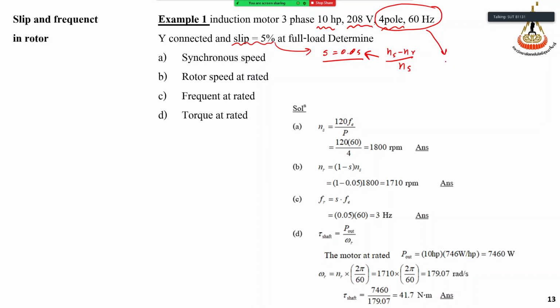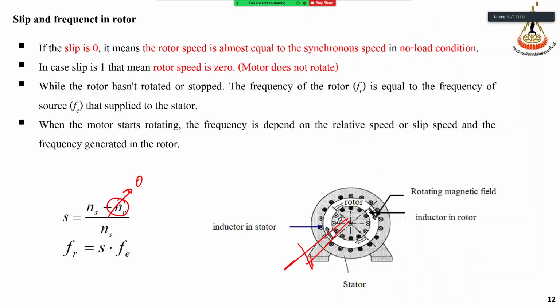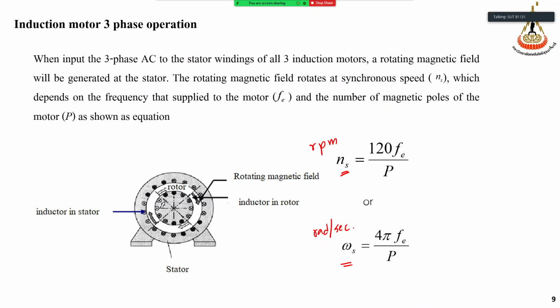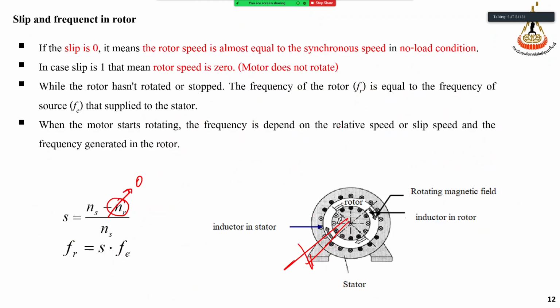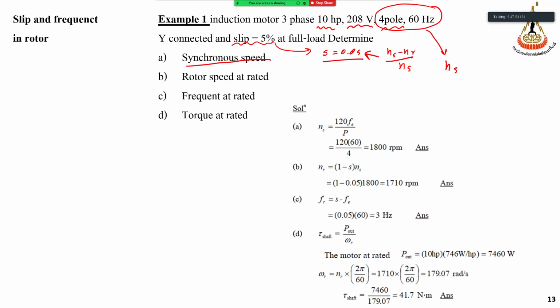We can compute ns, the synchronous speed. Synchronous speed is 120 f divided by p. We talked about this formula, right? So 120 times 60 hertz divided by the number of poles is 1800 rpm. This is the synchronous speed.